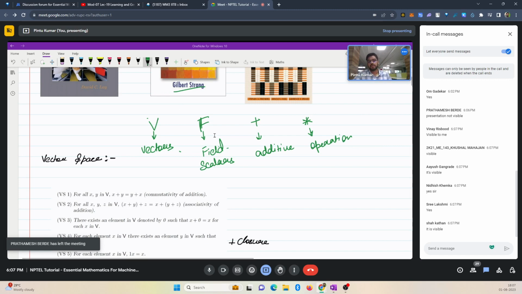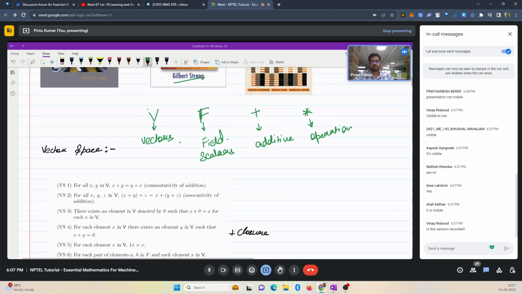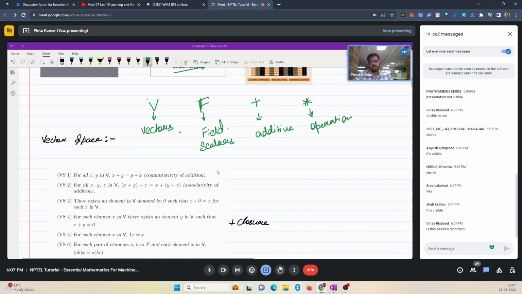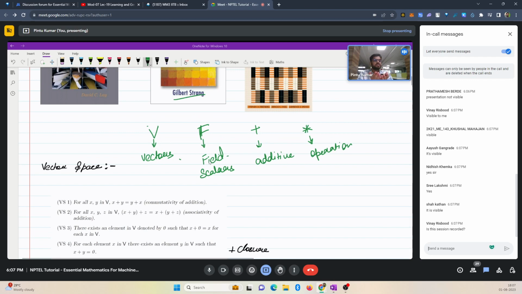Okay. So I won't go into a detailed definition, but I'll give you an idea of what a vector space is. You can look for the detailed exact definition in any book. How does this idea of vector space originate? In 12th you might have read about R2 space, where you have two elements as vectors.